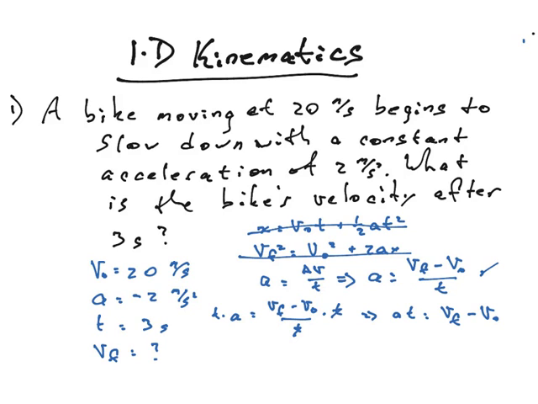All right, now what can I do? Again, I still want VF by itself. Well, I'm subtracting V naught on the right, so if I add V naught to the right and I add V naught to the left, that cancels him, and so now I'm left with VF equals V naught plus AT.